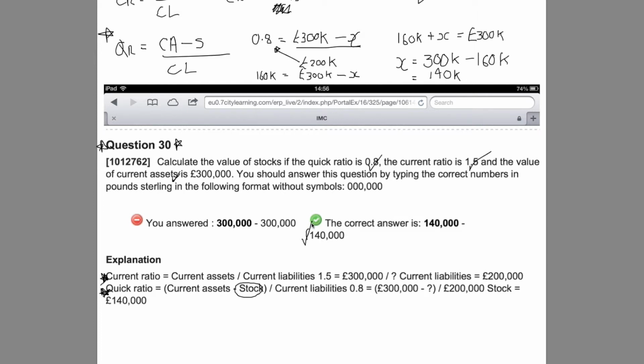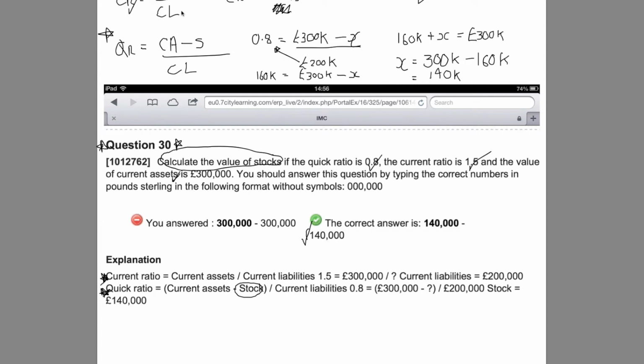So really straightforward there, Daniel. What we've done is we've had a look at two linked formulas. We needed to know what the current ratio was and what the quick ratio was to get the stock value, because that's what we're looking for. Calculate the value of the stock. We were given the current ratio and the current assets.